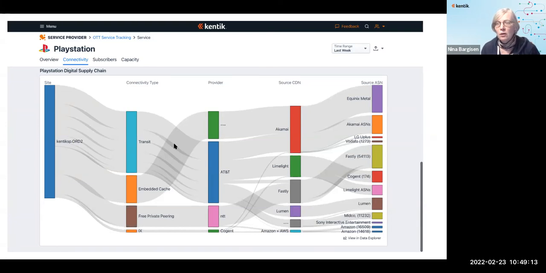Market intelligence alone will just give you the candidates, but given that a lot of the content providers are using many paths and are distributed all over the place, the list of who they're buying from is not going to be super helpful for content providers, actually. But it will be for carriers and for other ISPs. I hope that answered the question.